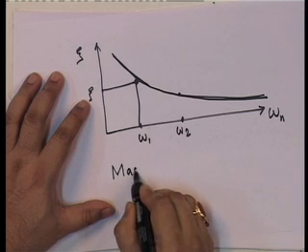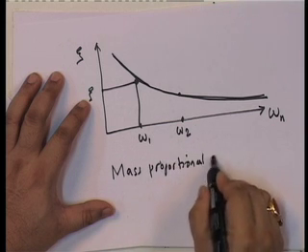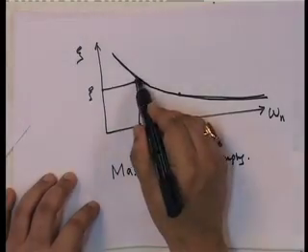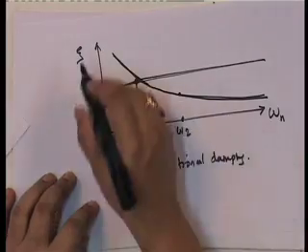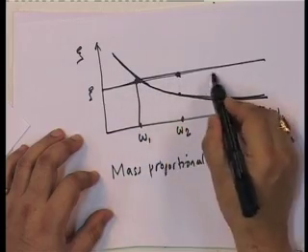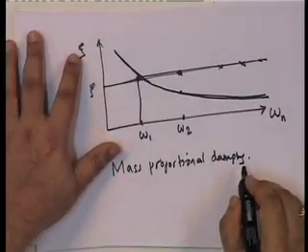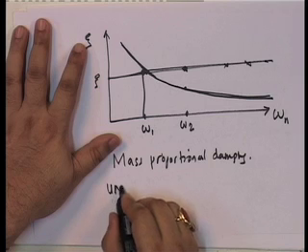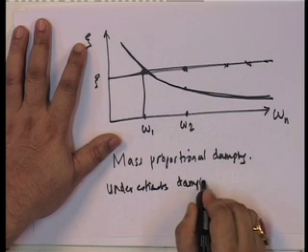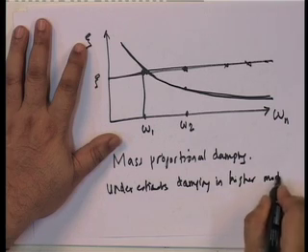So, mass proportional damping, what does it do? We know that all modes have to have 5%, but once I make damping mass proportional, it underestimates damping in higher modes.